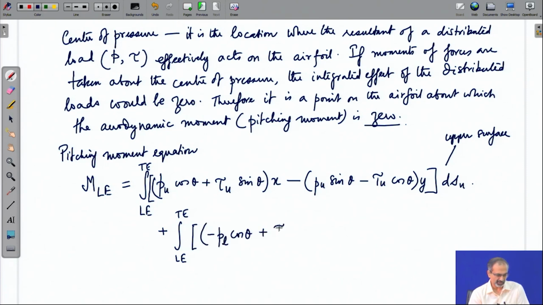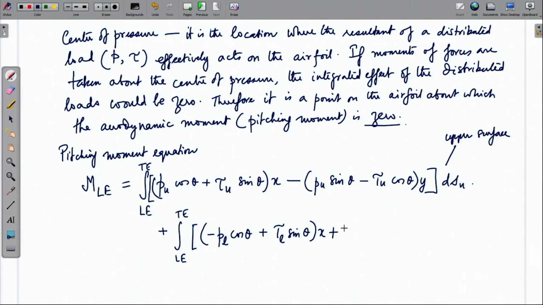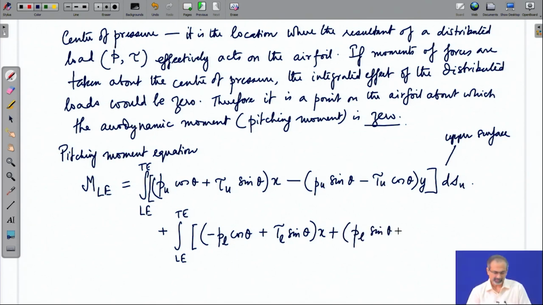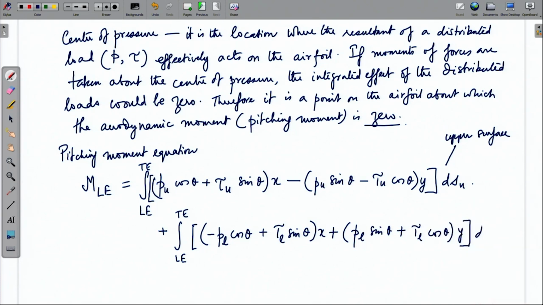Once you define the geometry, as you move from one point to the other on the surface of the airfoil, you get the x and y coordinates of those points, plus you get the slope of the surface, and accordingly theta gets defined. So, based on a particular airfoil shape and a particular pressure and shear stress distribution, you would be able to integrate this.